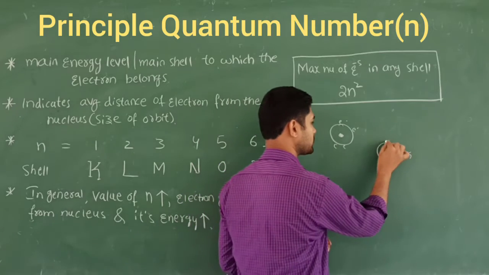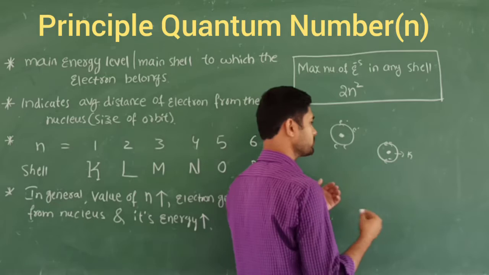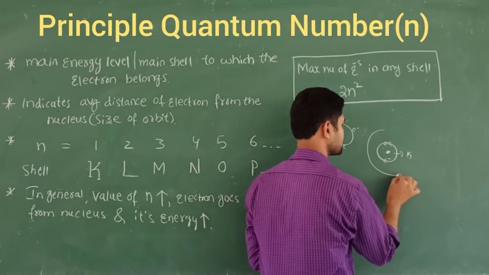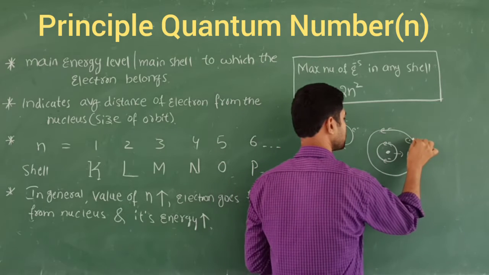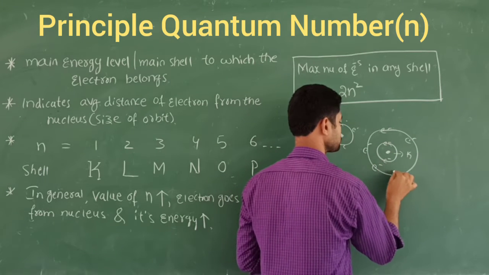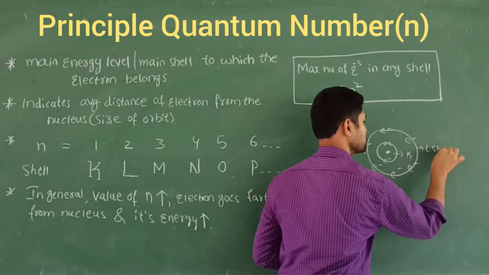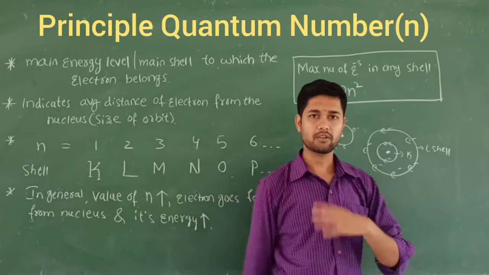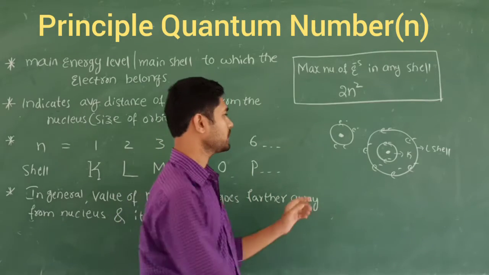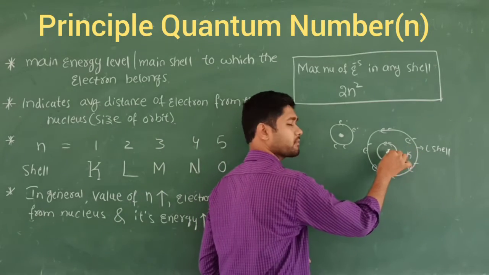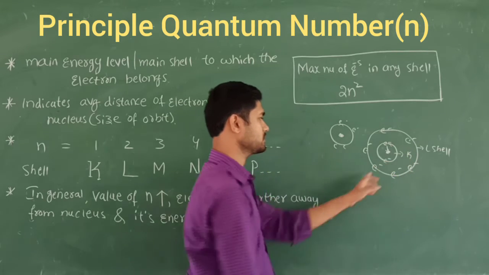What happens if the electrons are in the K shell, which is almost near to the nucleus? What happens if the value of n increases? As the principal quantum number increases, the electrons go farther away from the nucleus, like this. So this is called the L shell. In the first shell, the electrons are nearest to the nucleus.